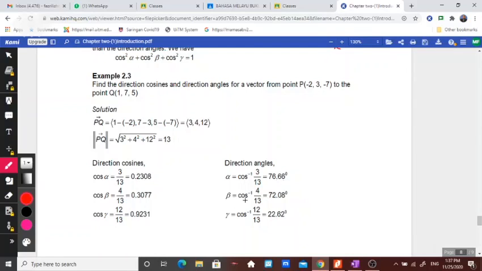For beta, arc cos 4 over 13, the answer is 72.08 degrees. And gamma, arc cos 12 over 13 equals 22.62 degrees. So this is an example, and hopefully you will understand. In this video, we covered direction cosines and direction angles.